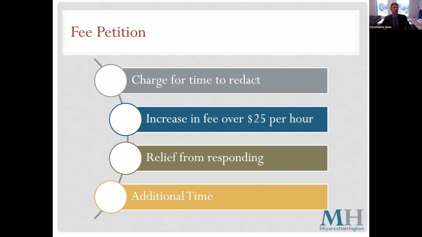The town can also request relief from responding to a public records request from the supervisor in cases where requests have become overly duplicative or harassing. And the town can also request additional time beyond the 25 days. And I believe that the maximum there is 30 additional business days beyond the 25 that the town can claim for itself.